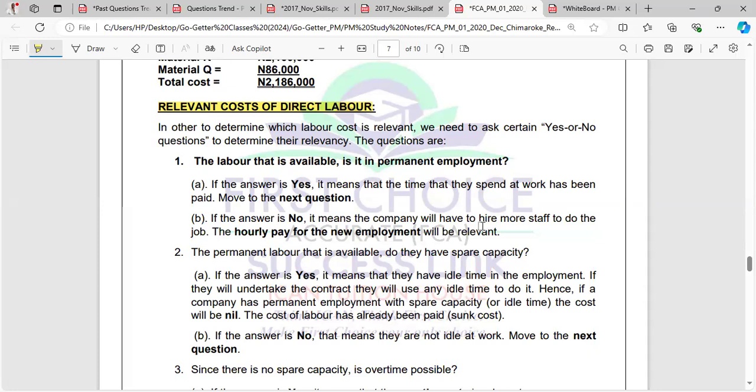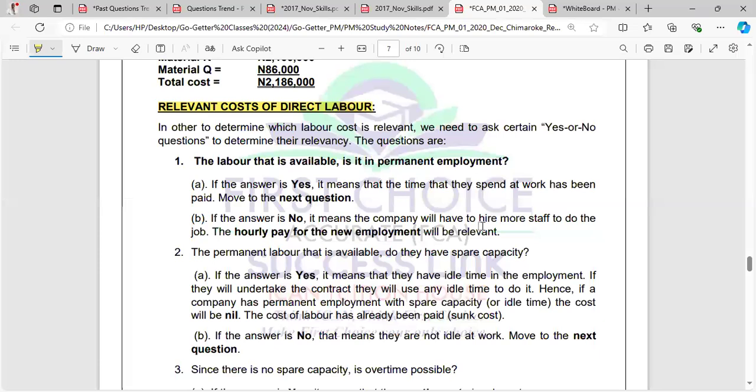The labor that I need and that is available right now, are they in permanent employment? There are 2 kinds of employment. We have permanent employment. It means they come and that's their work. You are paying them salary, you hire them and pay them on a monthly basis. Or we have contract staff which you can fire at any time. You can use them today, tomorrow you may not use them.